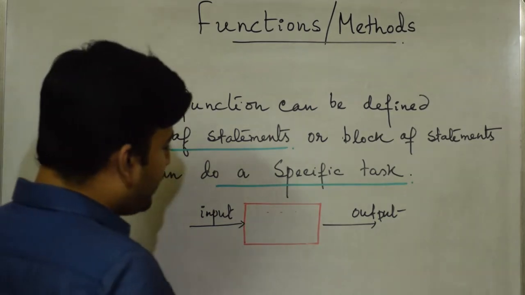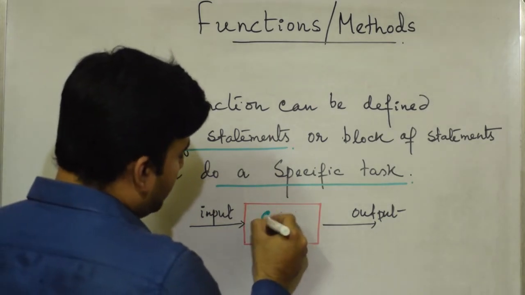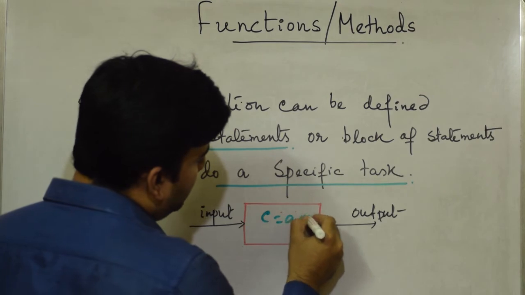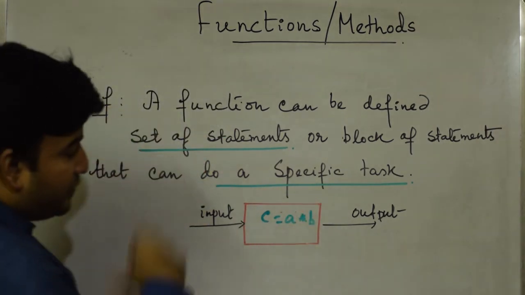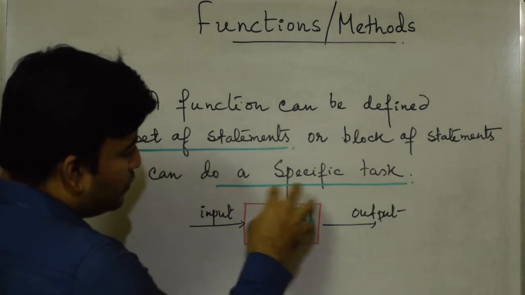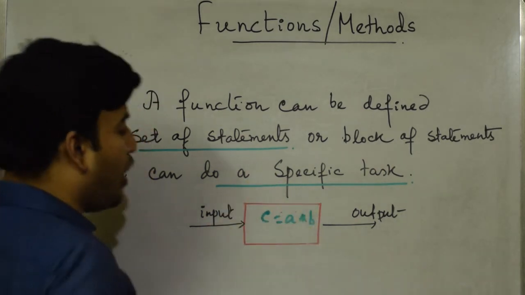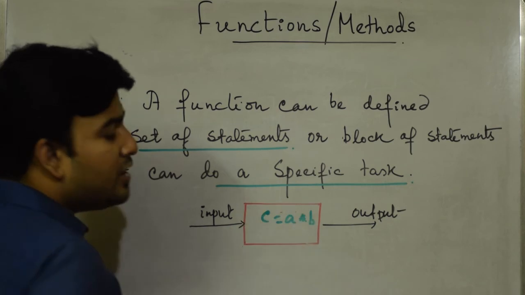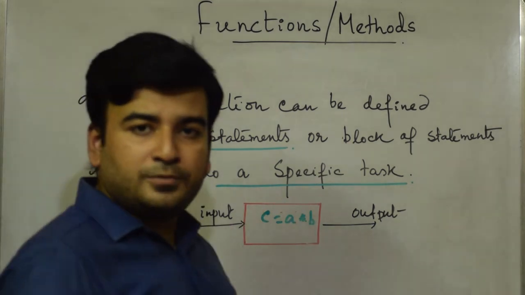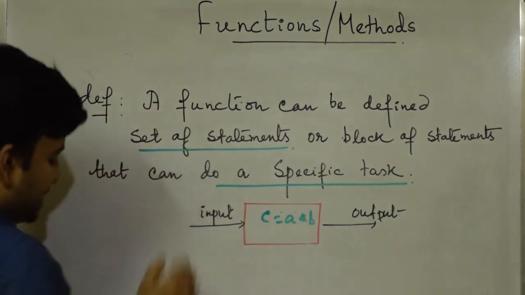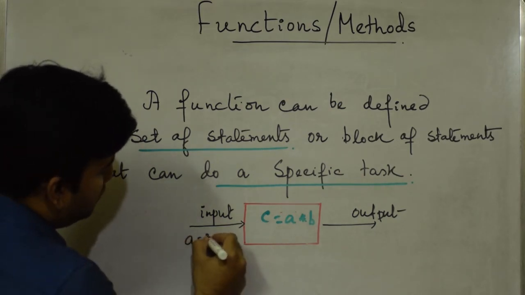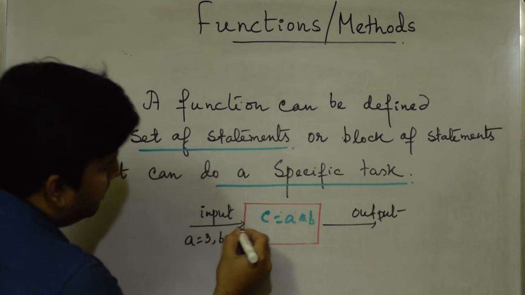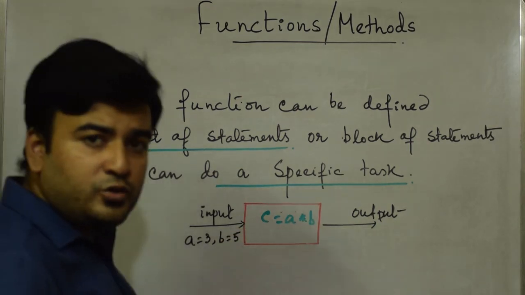Now the thing is, what type of statements will be written in that block of statements? Suppose here I will write C equals A multiply B. So that means the function block will perform the multiplication operation, right? First, it will take some input like A equals 3 and B equals 5, which is given by the user.